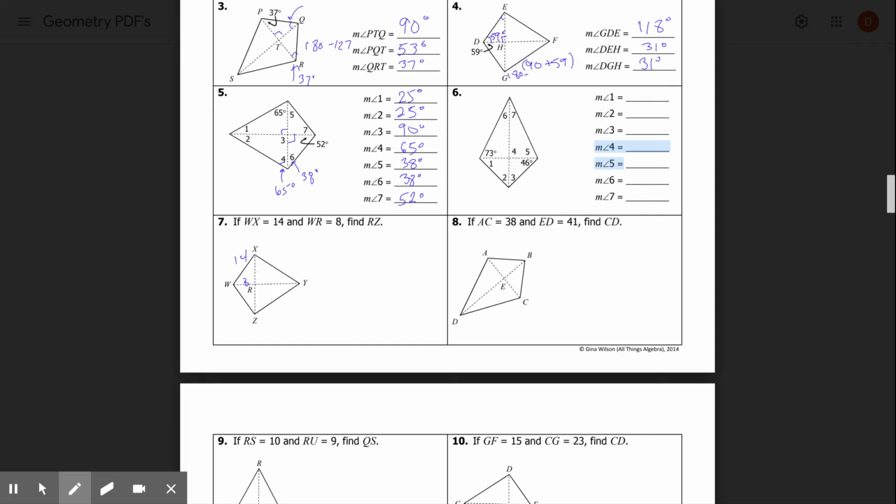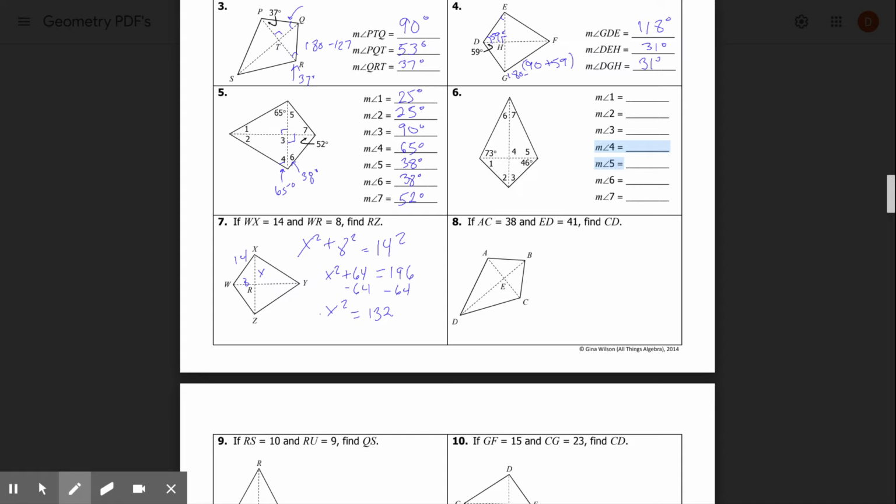So if we're looking for this one, we'll say, okay, x squared plus 8 squared equals 14 squared. So we end up with x squared plus 64 equals 196. If we subtract 64 from both sides, we have x squared equals 132.